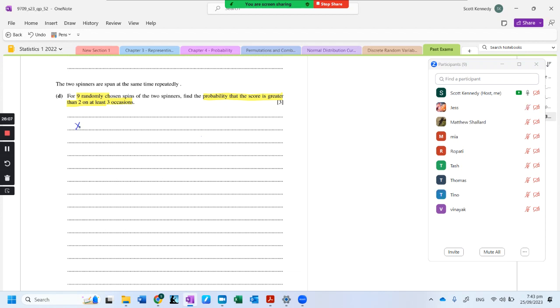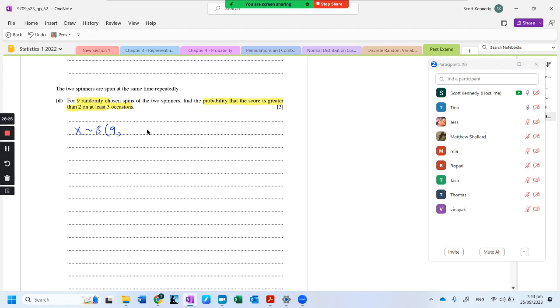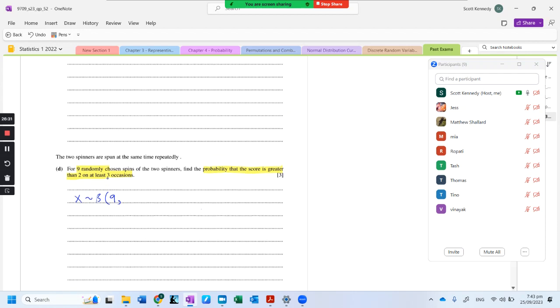So we write out X is binomially distributed. How many trials are we doing, Tino? What's the probability of success? We can go back to our previous... Oh, yeah, say again? Yes, that's... wait, hang on. Greater than 2. Is it 19/25, is it?